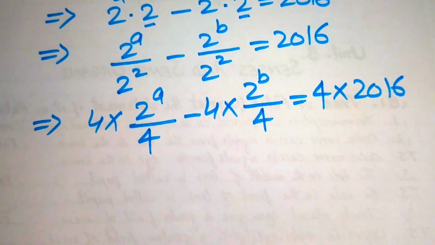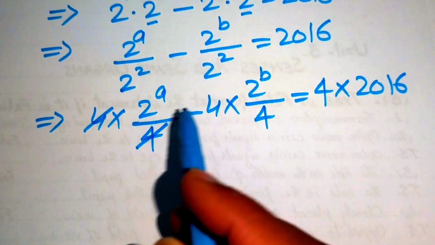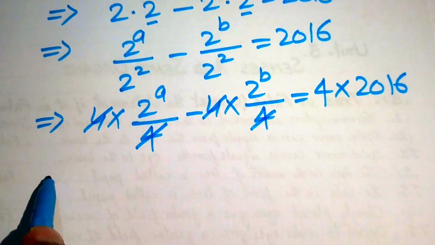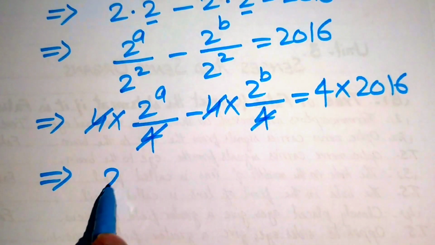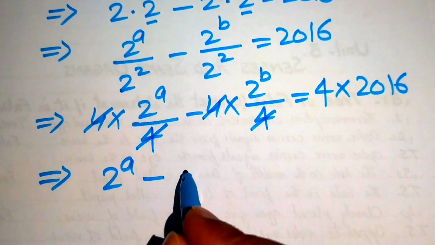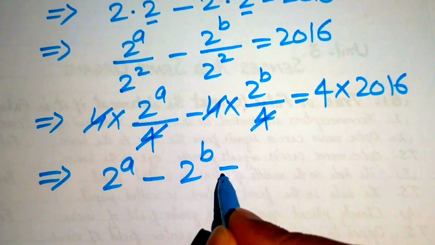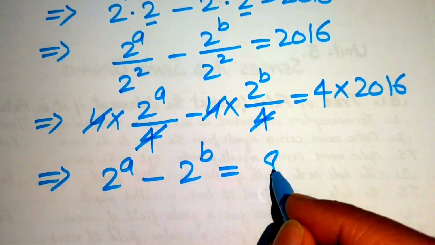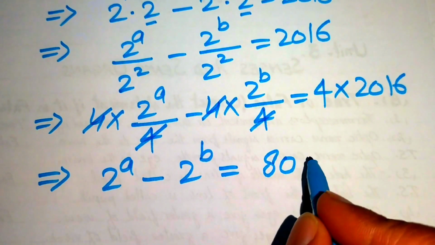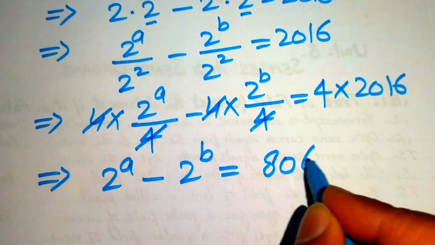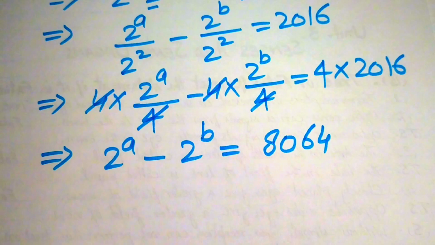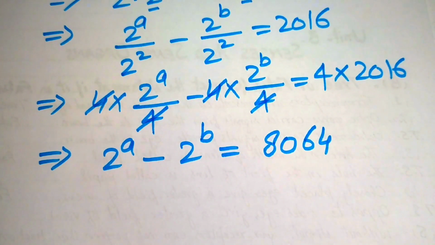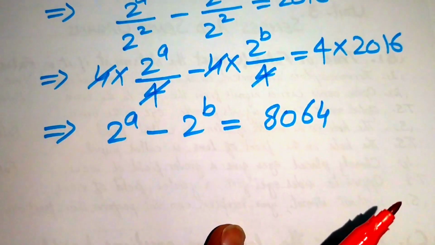And here you see that this 4 is cancelled by this 4, and this 4 is also cancelled by this 4, and here we get 2 to the power of a minus 2 to the power of b equals 4 times 2016 equals 8064.